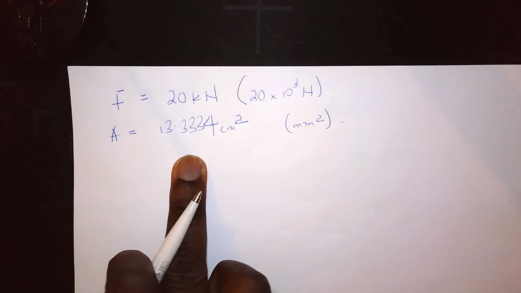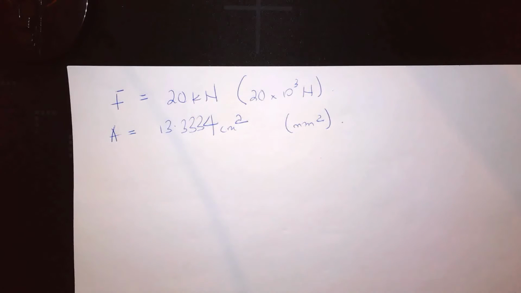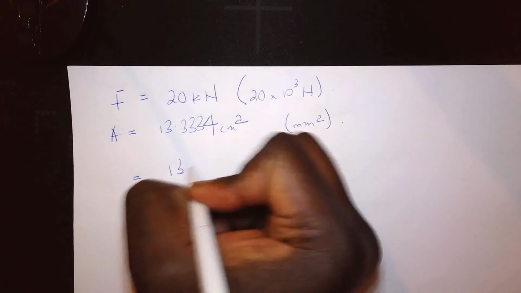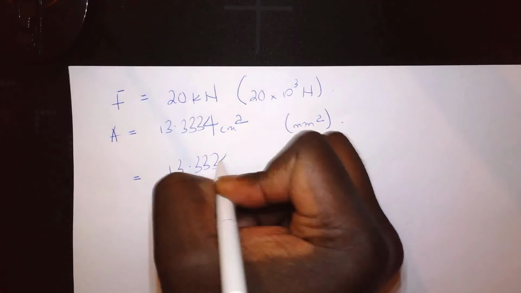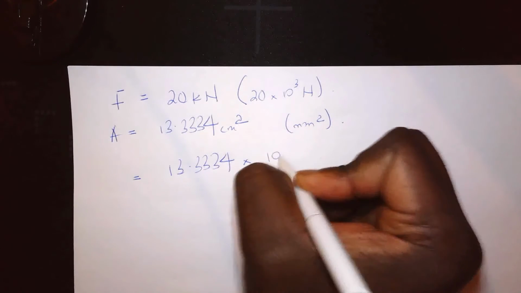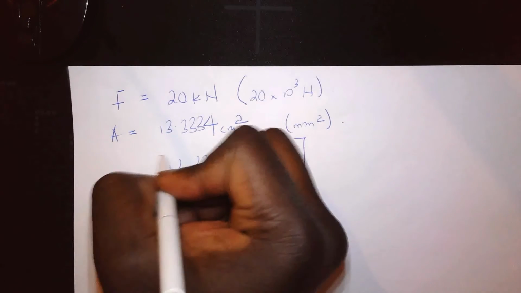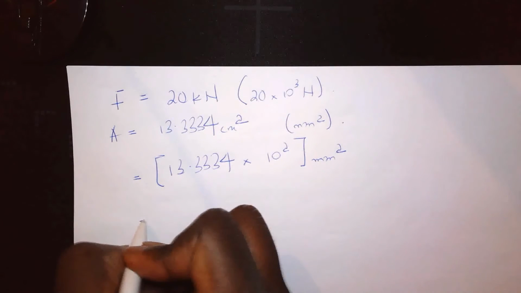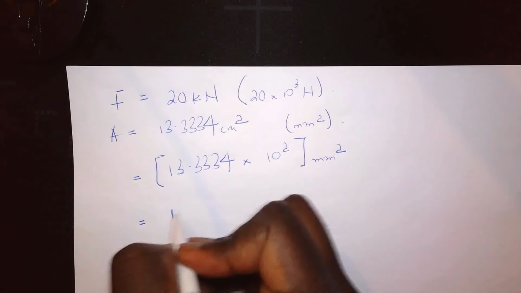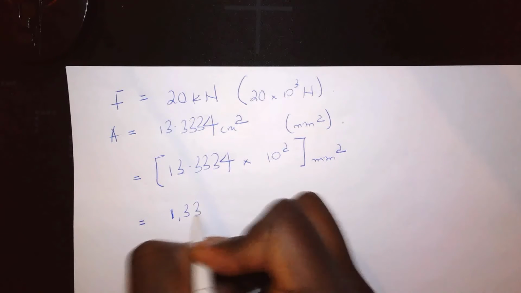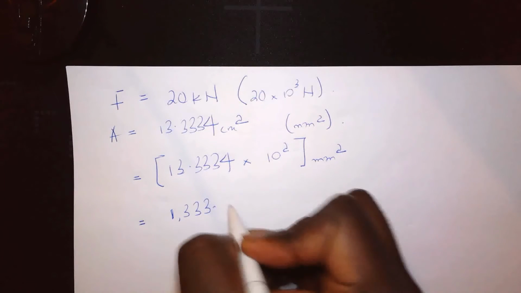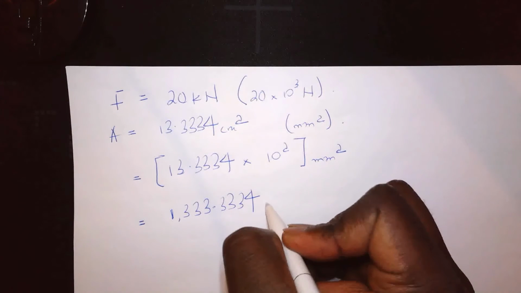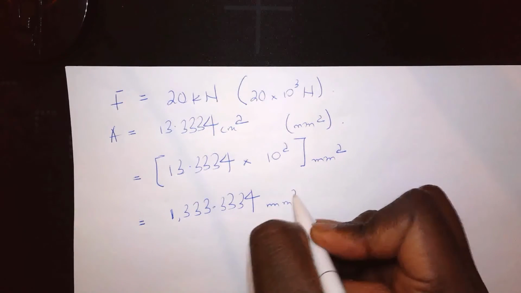Don't forget that 10 millimeters is equal to 1 centimeter. So this becomes 13.3334 times 10 to the power of 2 millimeter squared, and this will give us 1,333.3334 millimeter squared.